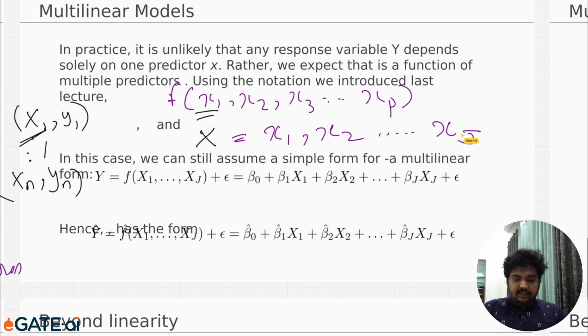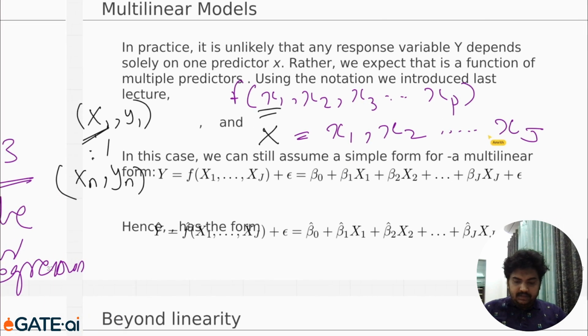And we are basically learning a function in a multilinear form, a function from x1 to xj plus epsilon, which is the error, which may be written as there is this bias or the intercept, then there is a coefficient for every feature.